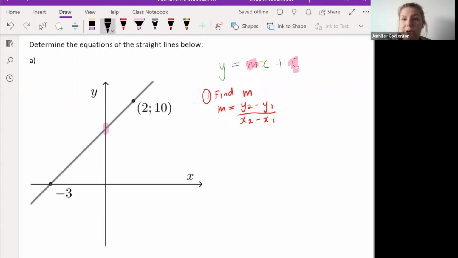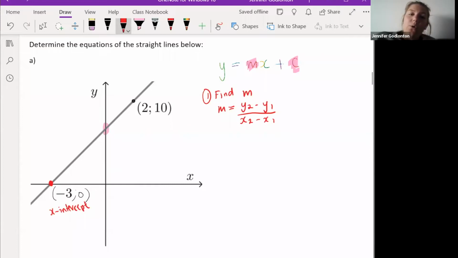Now let's just look at what all of these are. This -3 over here is an x-intercept, which means its coordinates are going to be -3 and 0. And the reason we know that is because it is crossing our x-axis.